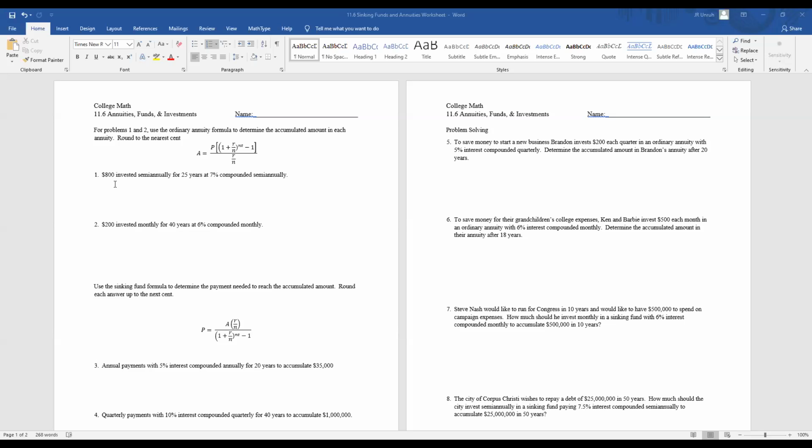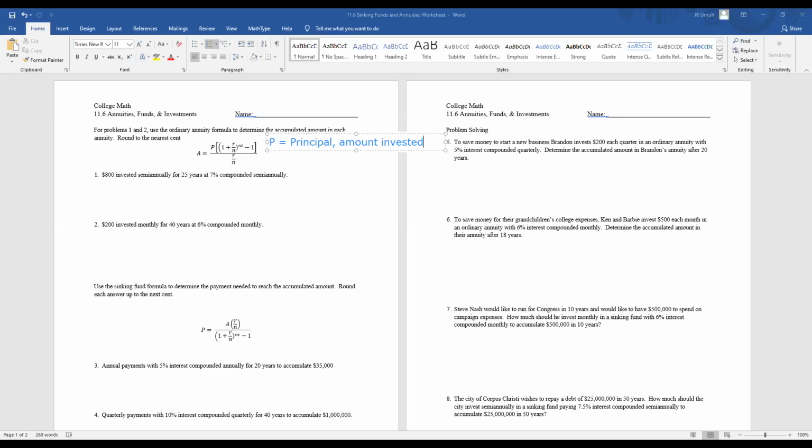I'm going to type in here that P is equal to principal, or amount invested.